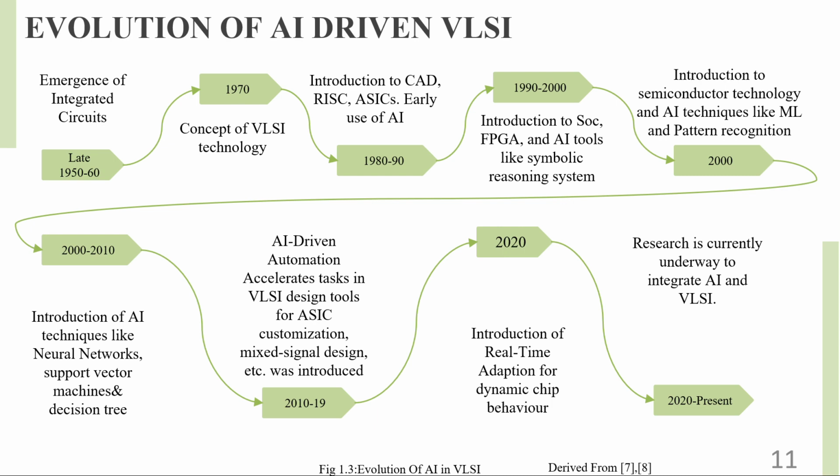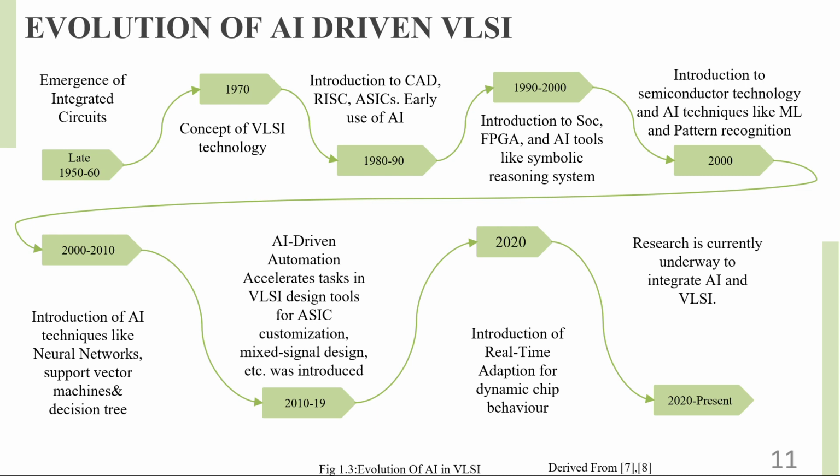In the year 2000, there was an introduction of semiconductor technology and AI techniques such as machine learning and pattern recognition. Research during 2000 and 2010 led to the development of AI techniques including neural networks, support vector machines, and decision trees. In the year 2010, AI-driven automation accelerated tasks in VLSI design.